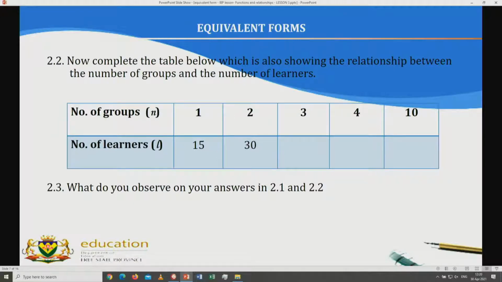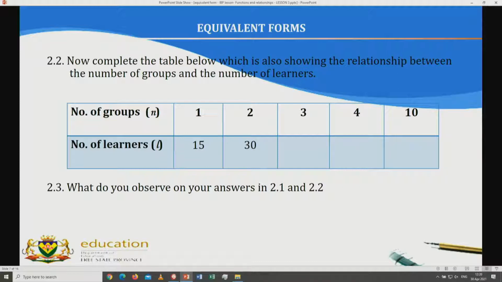The second diagram that we have to fill is a table. Now, remember in a table, we are having the number of groups multiplied by 15 equals the number of learners.